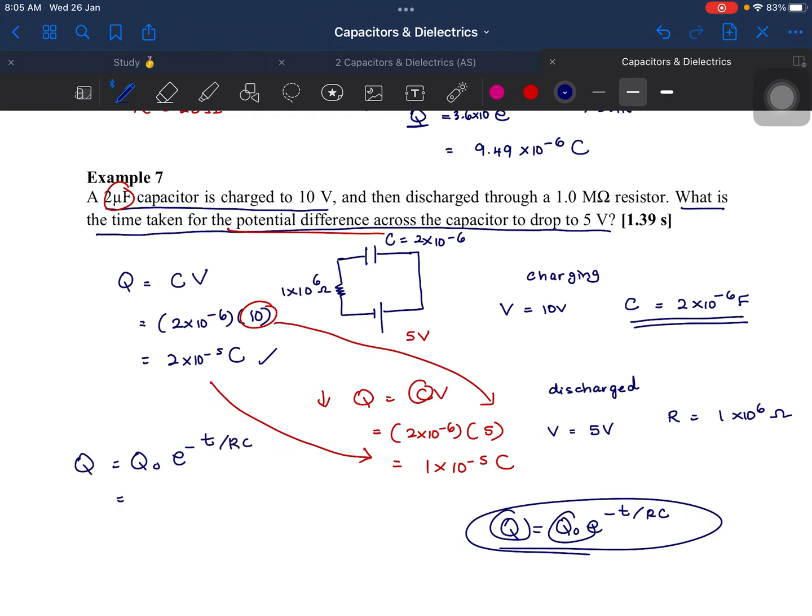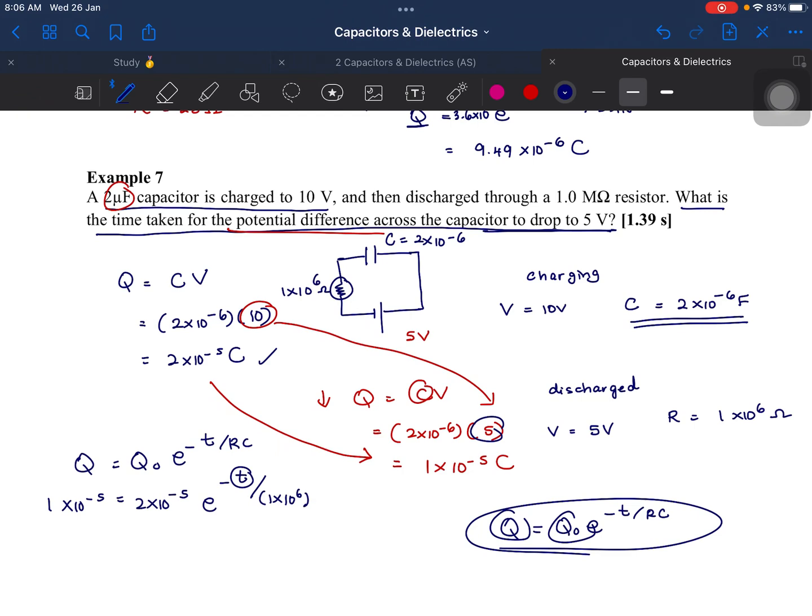Okay, so ini adalah dia punya maximum charge tadi. Maximum charge adalah 2 × 10⁻⁵. Okay, so sekarang dia nak masa. Berapa masa ni apabila charge kita tinggal 1 × 10⁻⁵ saja. Sebab voltage dia dah turun 5 kan. Voltage turun 5. Okay. So, and then our RC is R. R ni pun sesuatu yang constant lah. Sebab dia adalah benda yang physical dekat sini. Okay, resistor tu benda physical. So, we cannot change it lah. Macam capacitor punya capacitance.